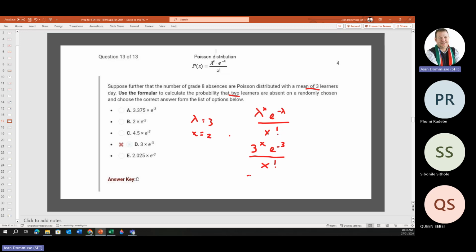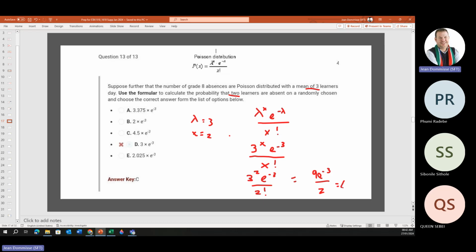Okay, so then we can say 3 to the power of 2 e minus 3 over 2 factorial. Okay, and then if we need to simplify that, 3 to the power of 2 is 3 times 3 is 9. 2 factorial is 2 times 1, which gives us 2.